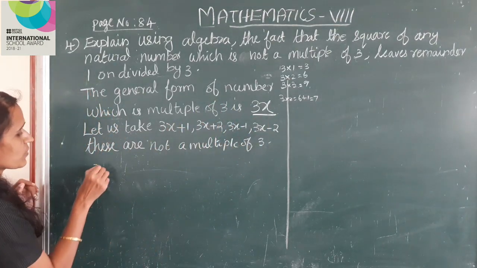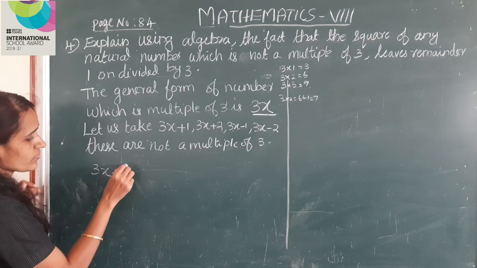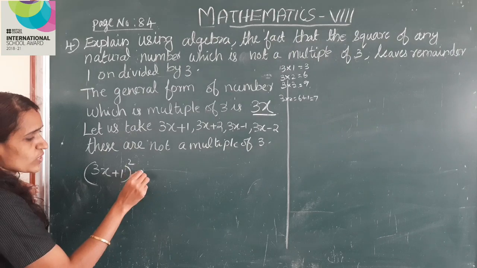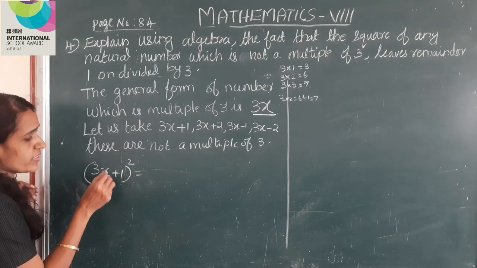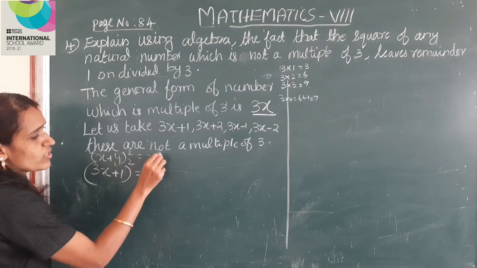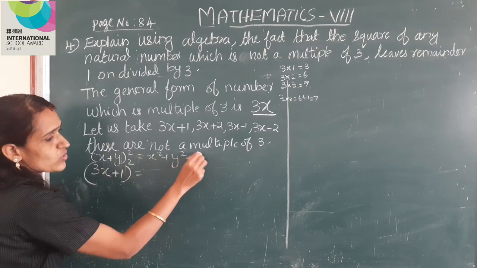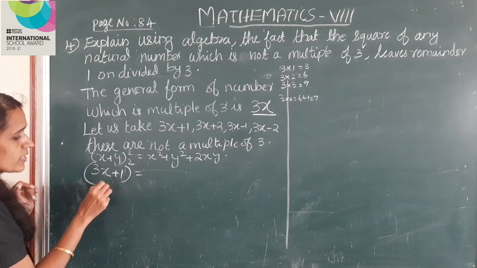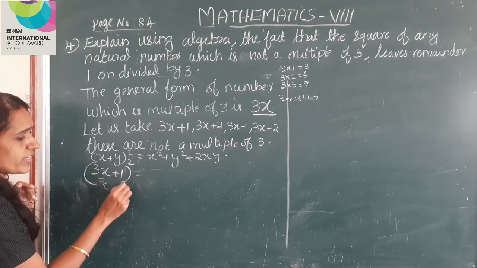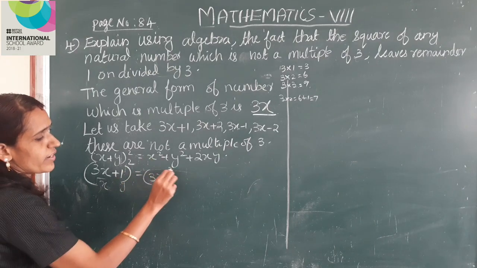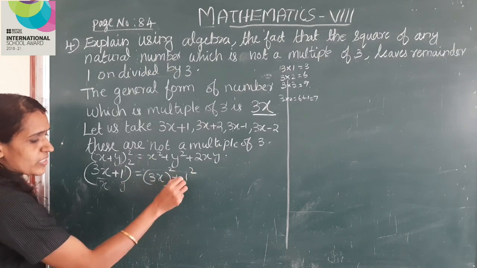Take 3x plus 1. It's a square. 3x plus 1 whole square is equal to, here using the identity, x plus y whole square is equal to x square plus y square plus 2xy. Here x is 3x and y is 1. Substitute here: 3x whole square plus y square.